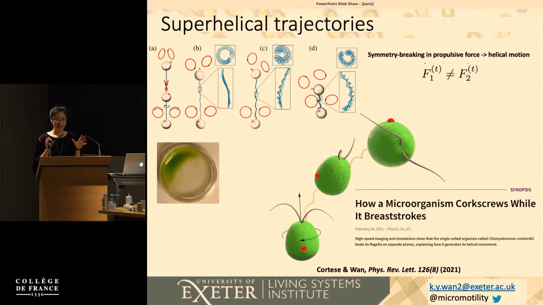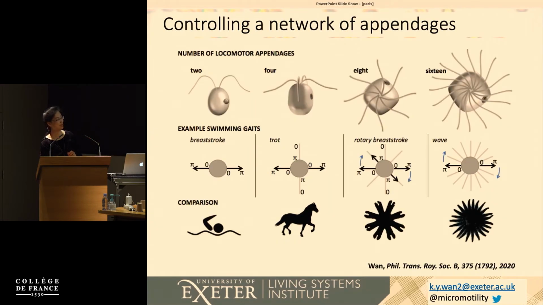what happens when you try to extend this from 2 flagella to more than 2 flagella. And luckily, there's a sequence of different species of algae that essentially exhibit these different gaits of motility. And these are perhaps analogous to animal gaits, such as shown here.